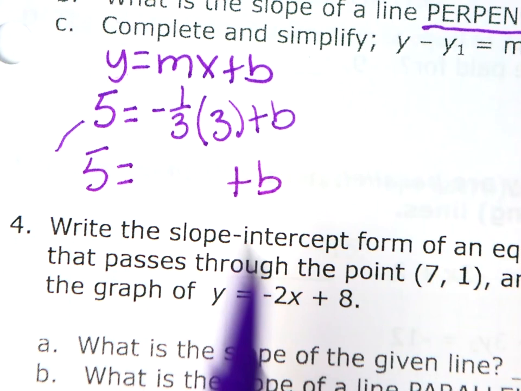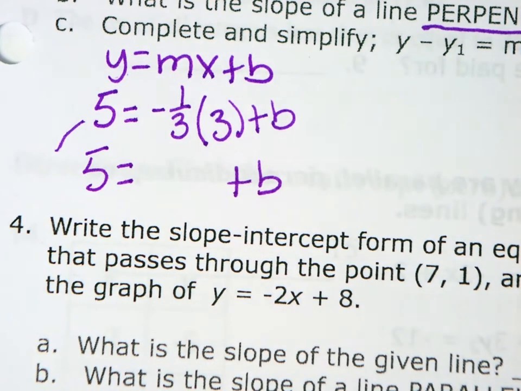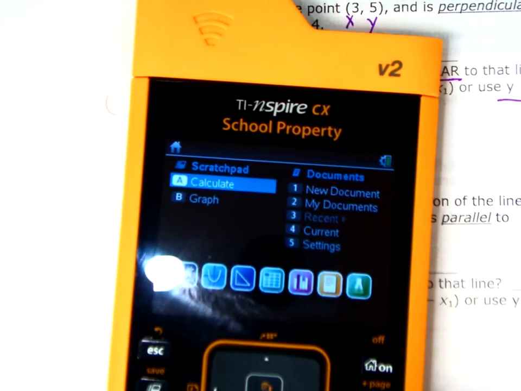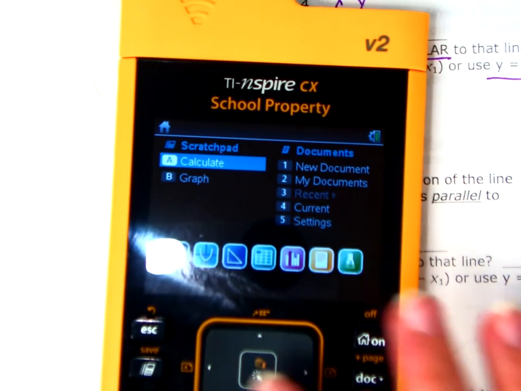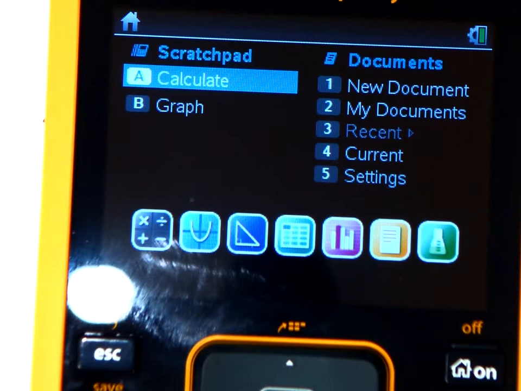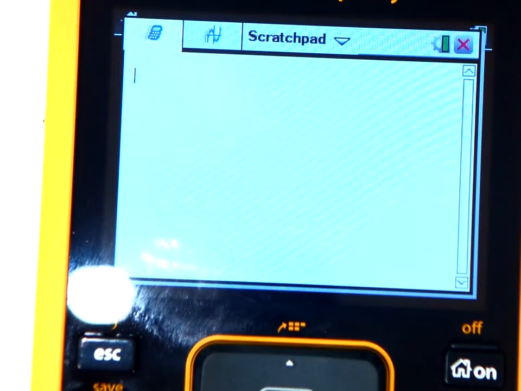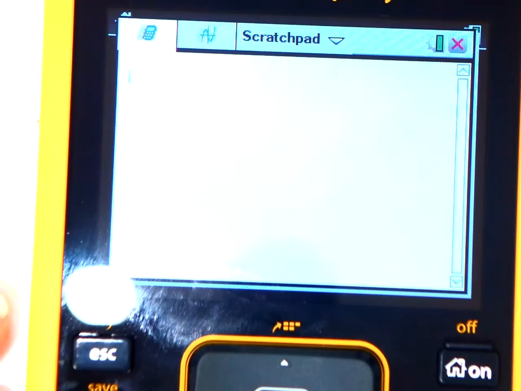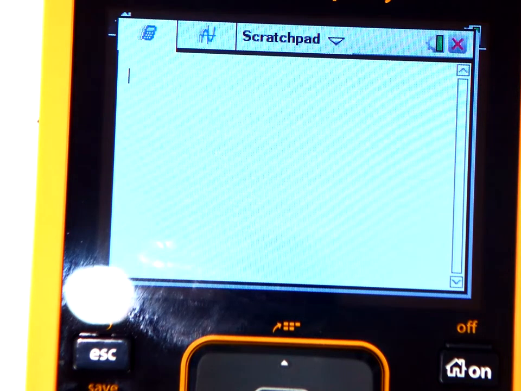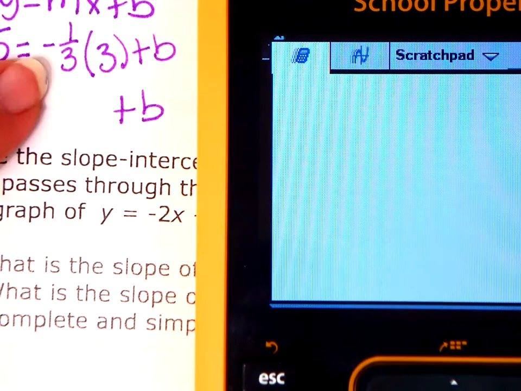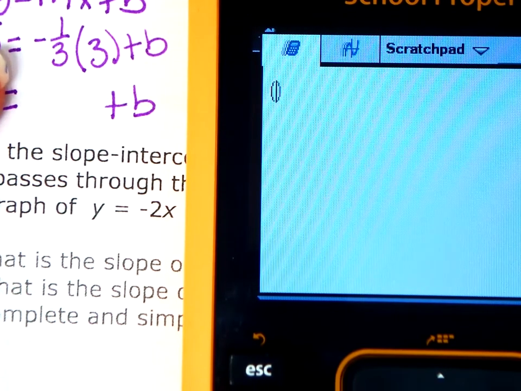Now I'm going to show you on the calculator how to do this, because you need to know how to do it on the calculator. So I'm going to zoom out. You're going to turn it on. You want to go to the first one that says calculate. Push enter. Now anytime you have a fraction, like we do, negative 1/3, you put it in parentheses.